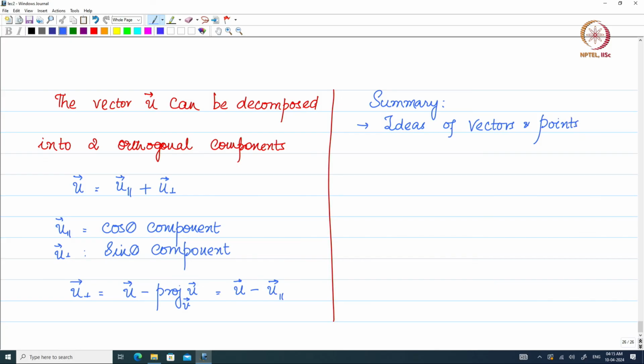We defined points as fixed with respect to a particular coordinate system. Vectors can move here, there, everywhere, and we said that points are fixed coordinates with respect to a coordinate system.